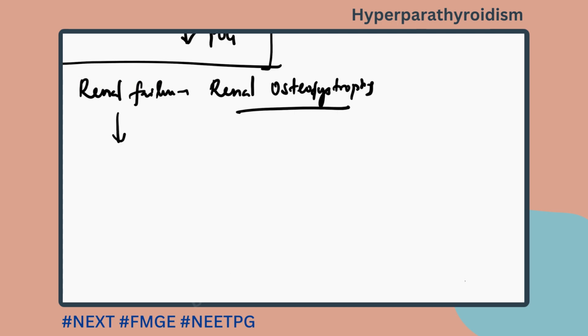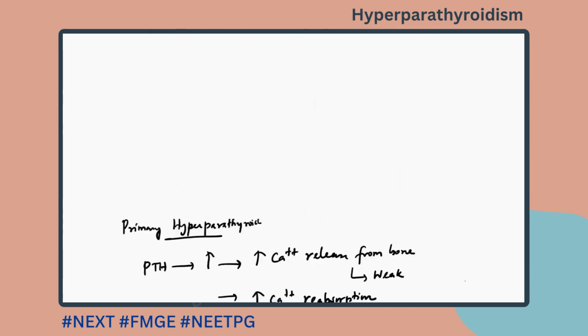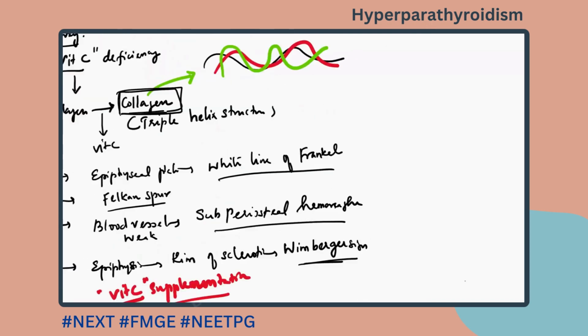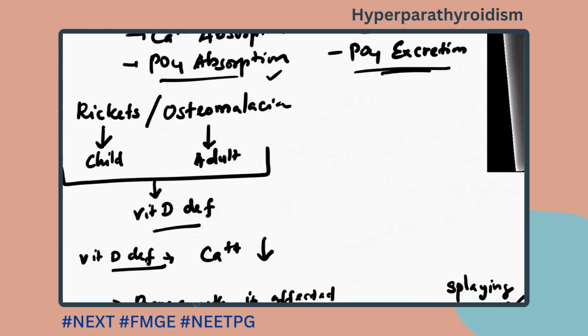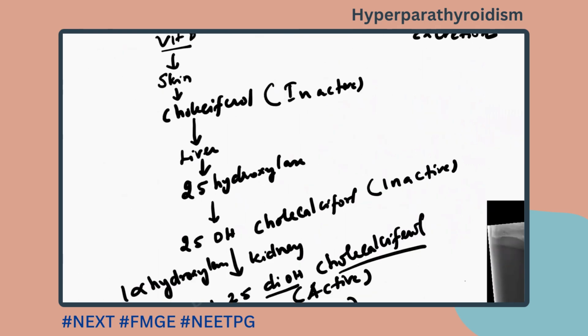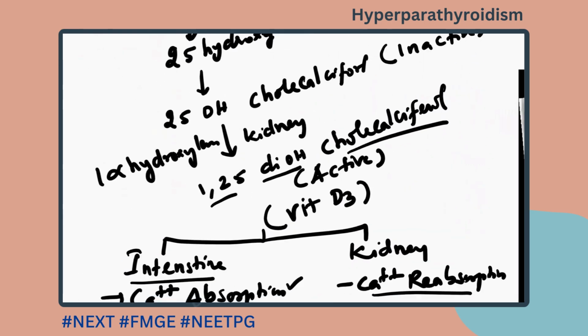If you go back to vitamin D production, how is the active form of vitamin D produced? 25-hydroxycholecalciferol is acted upon by 1-alpha-hydroxylase in the kidney, and then it becomes the active form.